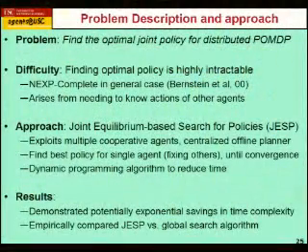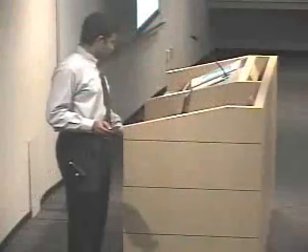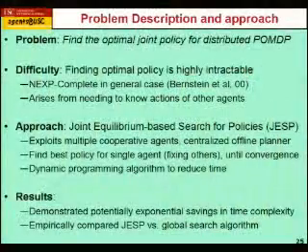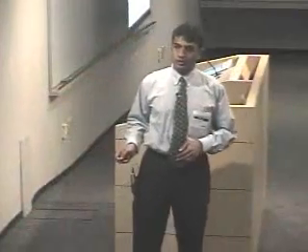And then I also have a dynamic programming-based approach to reduce the complexity of finding the best policy for a single agent, fixing the policies of all the other agents. I'm going to show how this results in potentially exponential savings in time complexity. And I'm going to compare the joint equilibrium-based method with the global search algorithm in terms of finding the optimal policy.